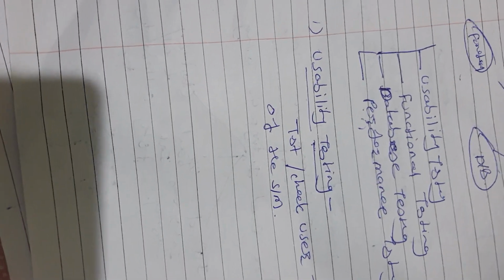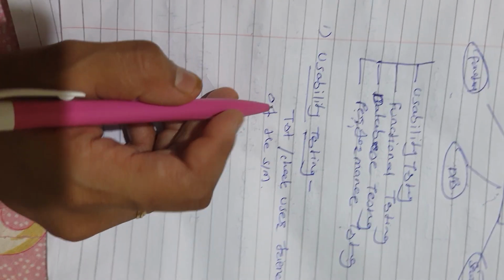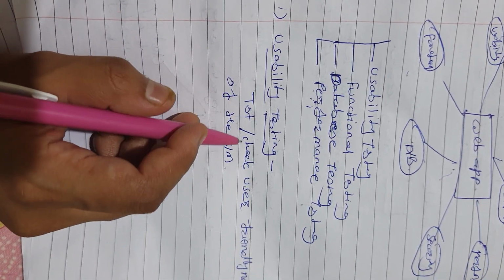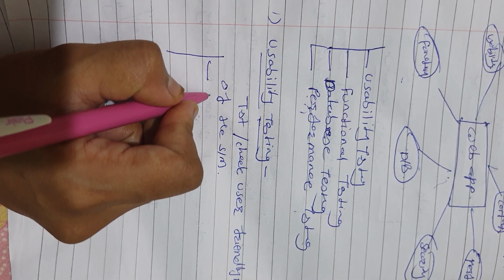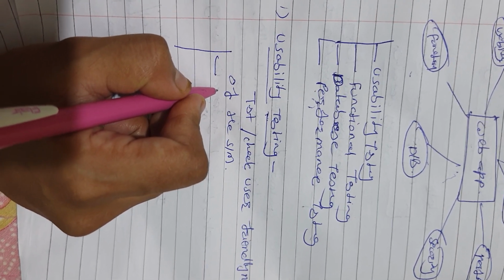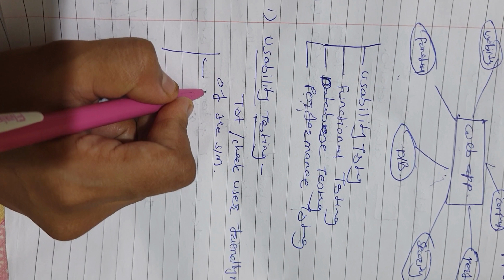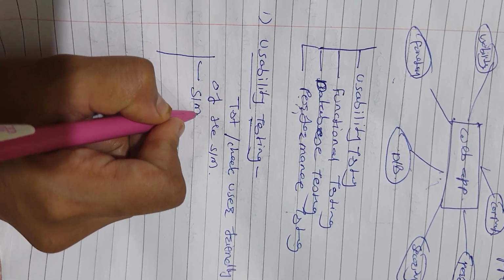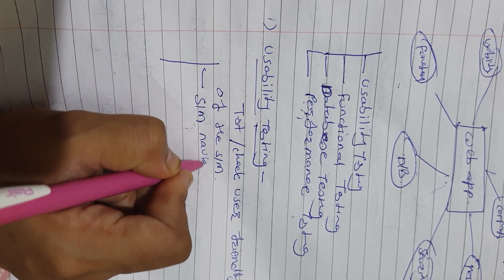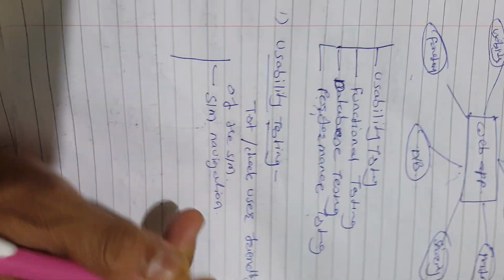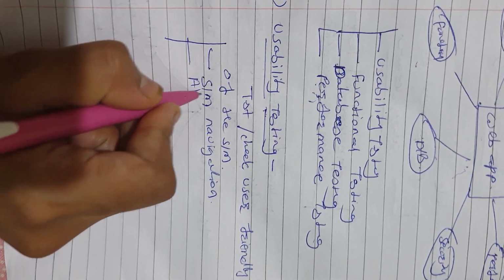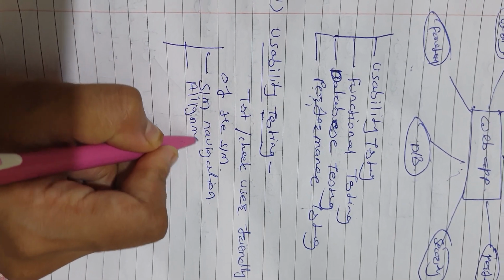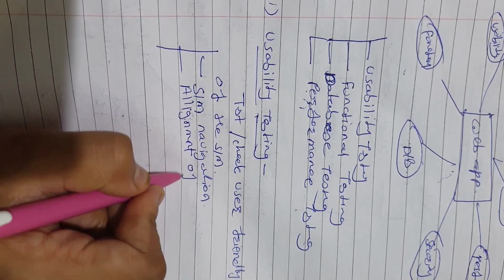To test user friendliness, there are again two criteria: general criteria and test case scenario. In general criteria, we have to check system navigation, then second, alignment of elements.